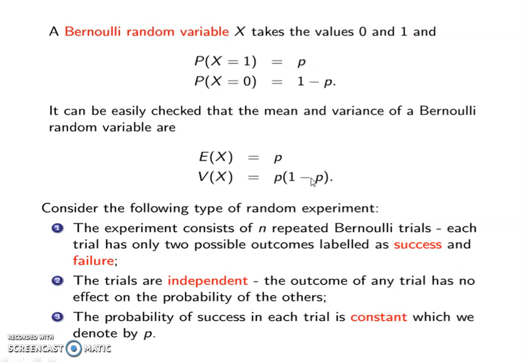That is, the outcome of any trial has no effect on the probability of the others. Remember, the trials are independent. The probability of success in each trial is constant. In spite of n trials, the probability of success in each trial is always constant, which is denoted by p.